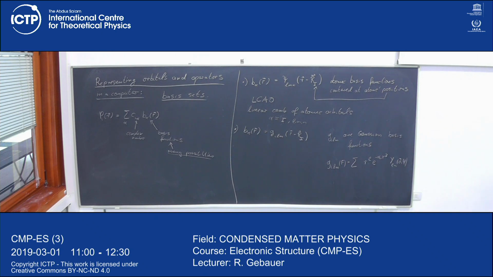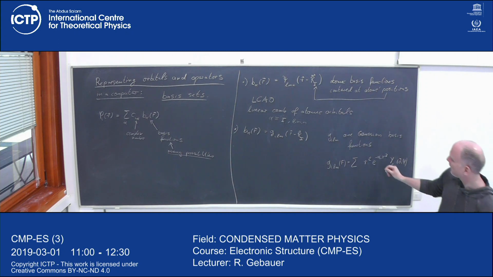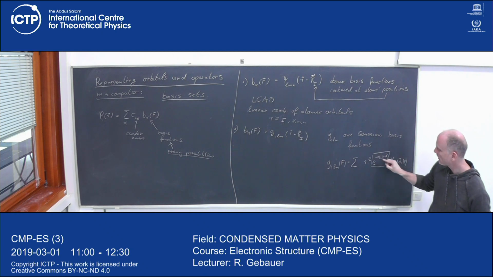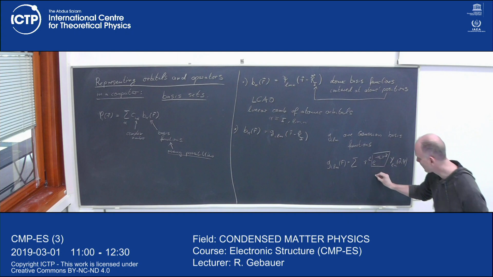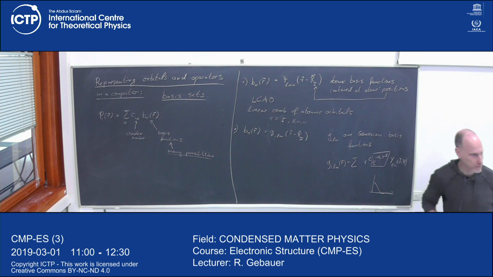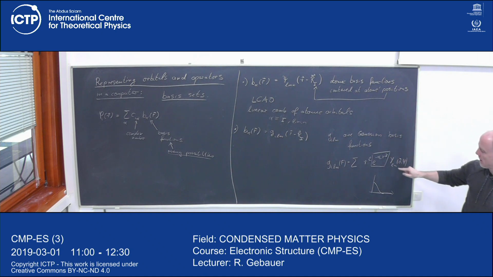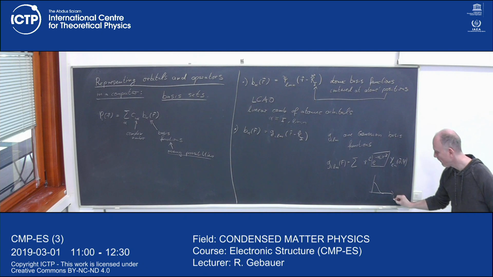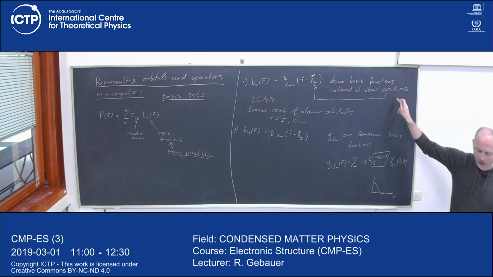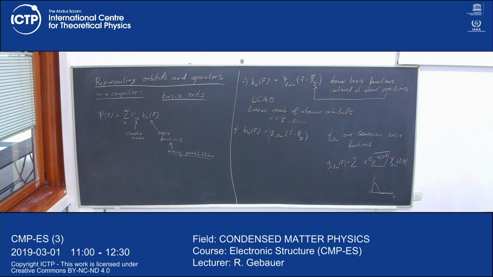These functions are called Gaussians because they have this Gaussian shape, e to the minus a constant times r squared. So it's a function which looks, if you have r, it goes like this, and then it goes to 0. So you can imagine that this might be also something which looks like atomic wave functions. It has also the angular shape of an S or a P shape, whatever. But the radial part of the wave function, instead of being what an atom has, it has the shape of a Gaussian. This is by far the most used basis set of all possibles.